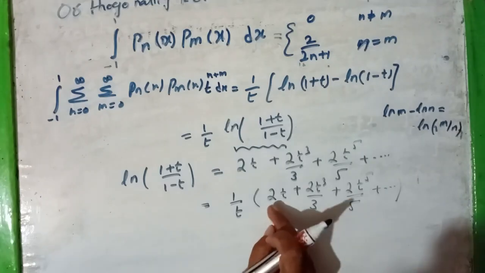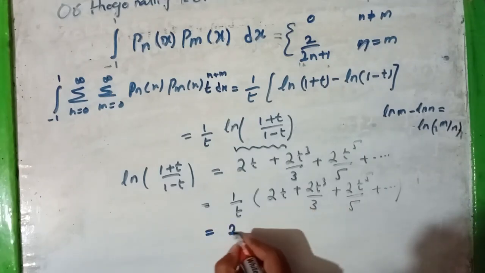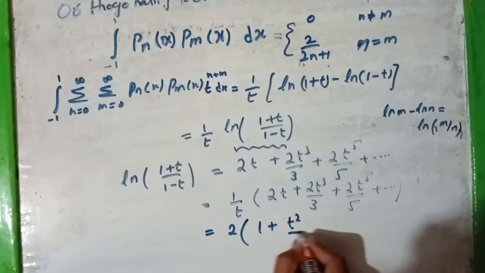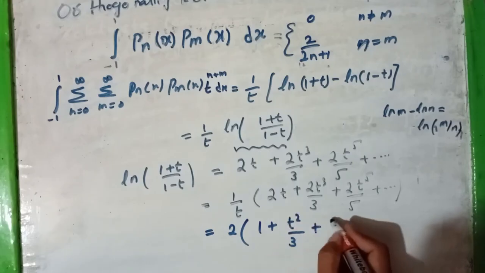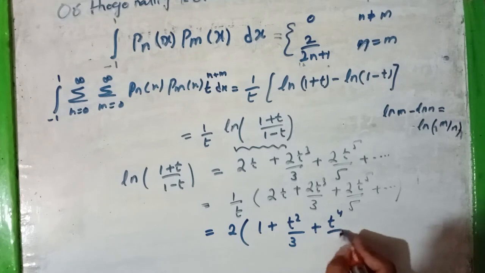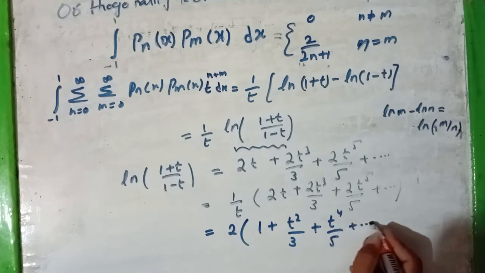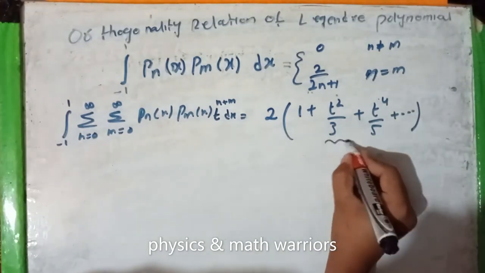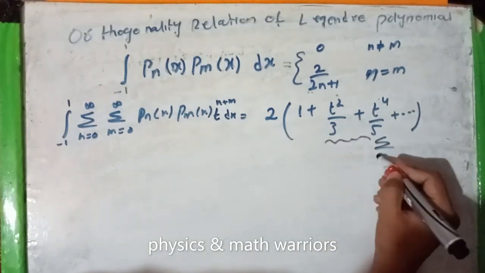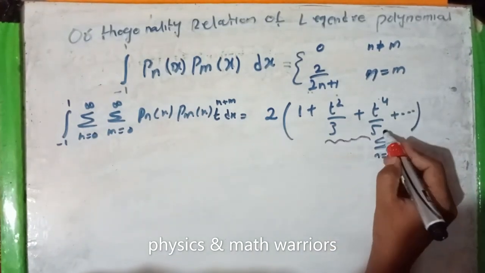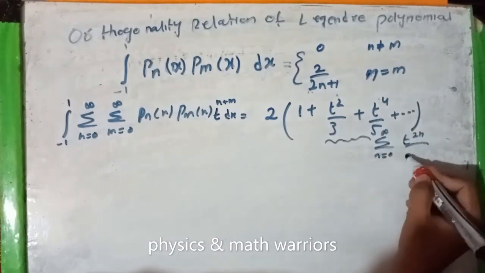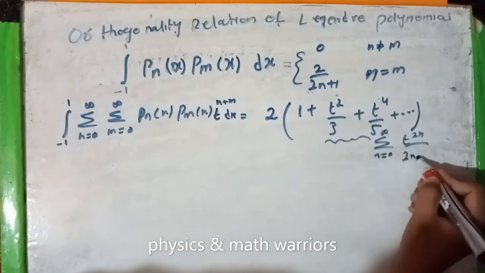Now we'll take common 2t. So this becomes 2 multiplied by 1 plus t square over 3 plus t raised to power 4 over 5 plus so on. And this term is equal to summation n is equal to 0 to infinity t raised to power 2n over 2n plus 1.